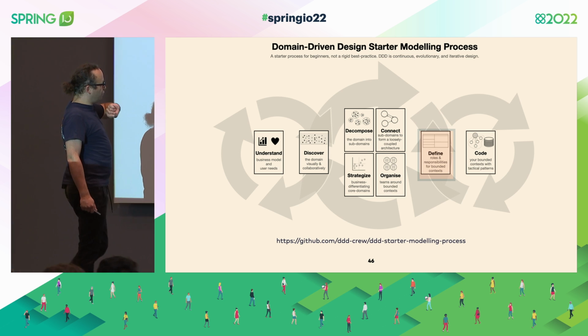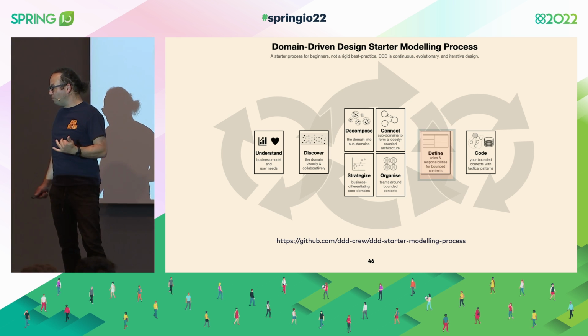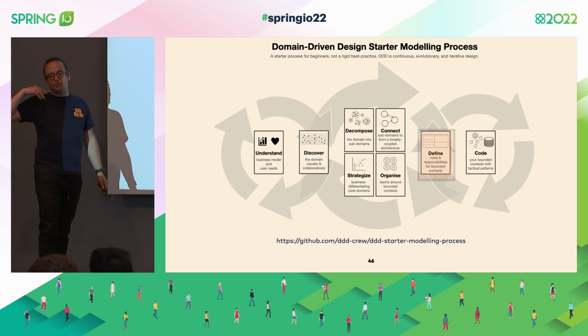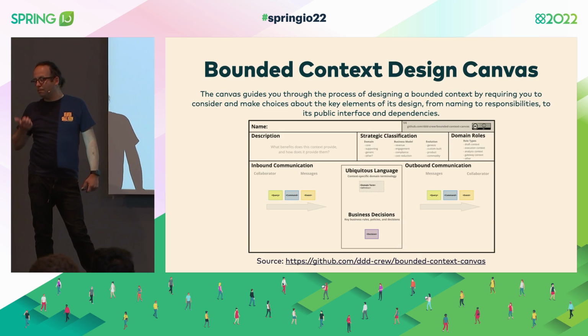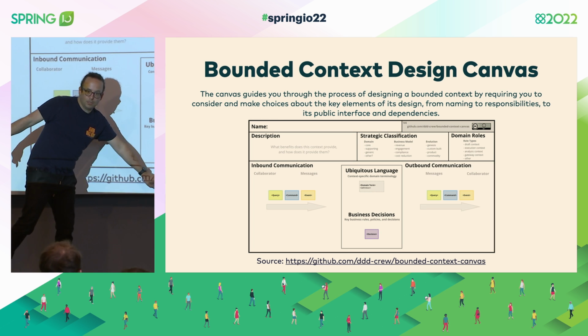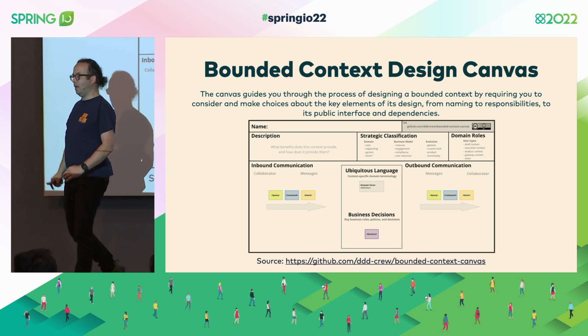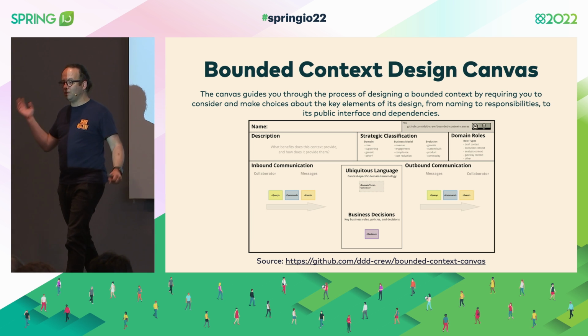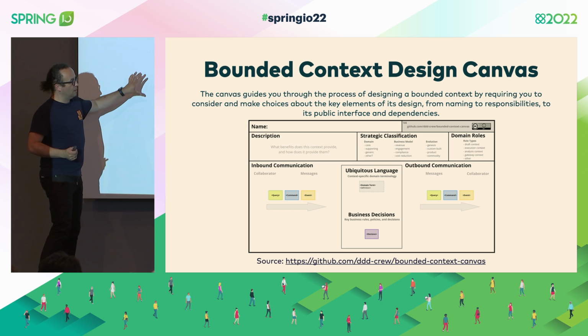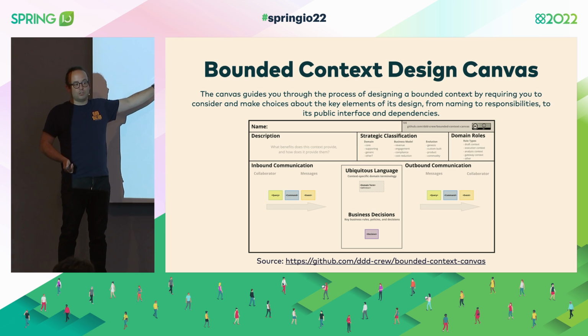Now, let's go further into the definition part. A way that gives you a checkpoint is then the Bounded Context Design Canvas. Again, posted on the DDD Crew GitHub site, available as various templates, PDF, HTML, Miro, whatever. And this helps you in asking questions about the module.